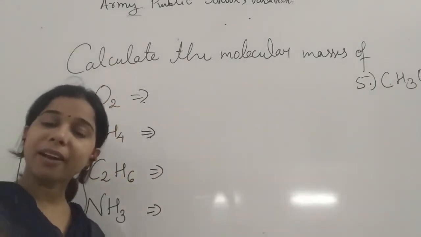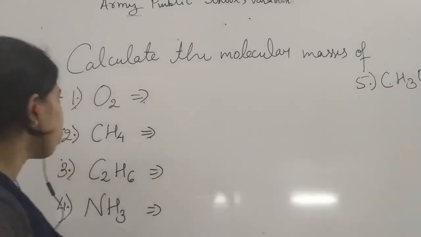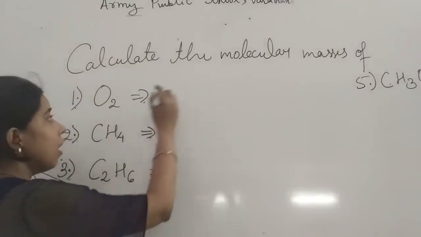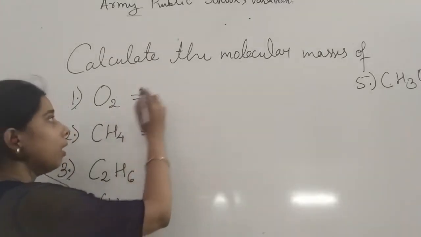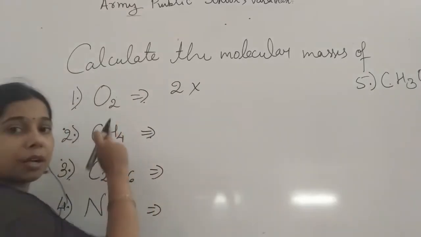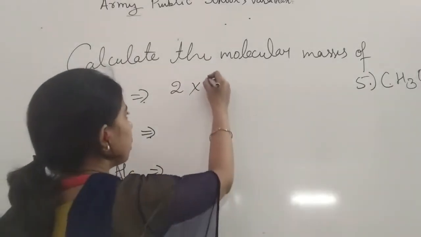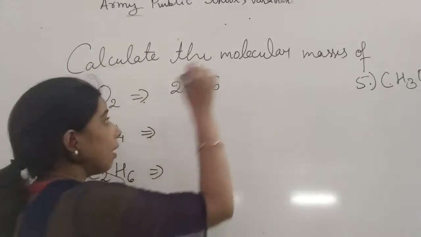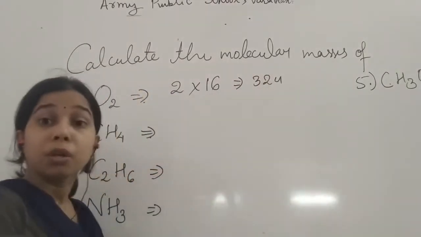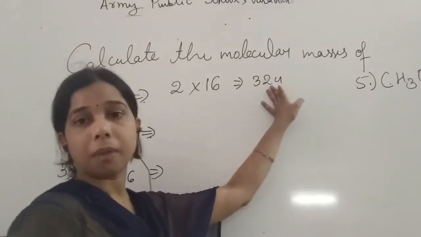It is a diatomic molecule of an element. So we will write the number of atoms which form this molecule, that is 2 into oxygen. The atomic mass of the oxygen will be equal to 16. That will be equal to 32 U. U is the atomic mass unit.